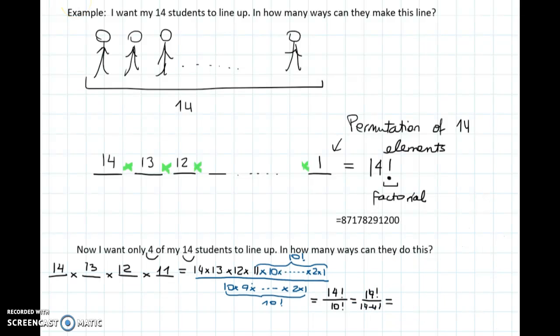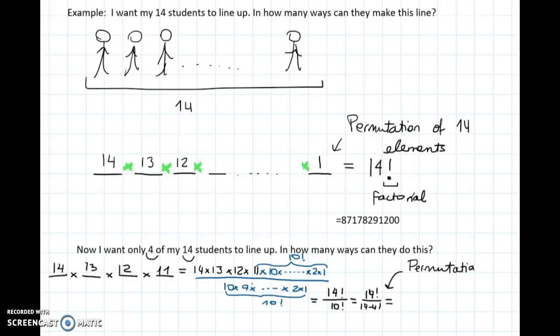Okay, I made a little bit of space over here to be able to keep my reasoning. What we have over here, that we can write very conveniently as 14 factorial over 10 factorial and find it in the calculator, has a name. These are permutations.